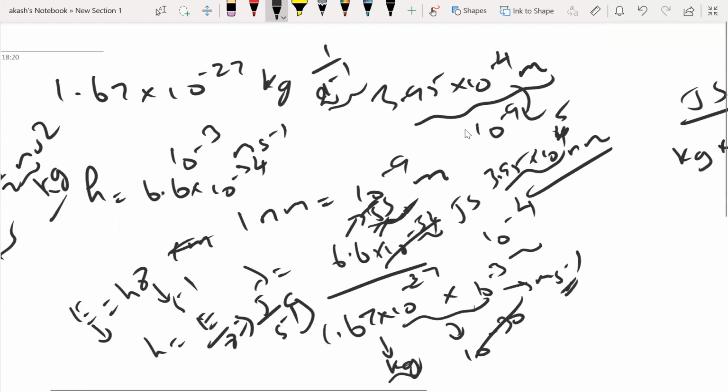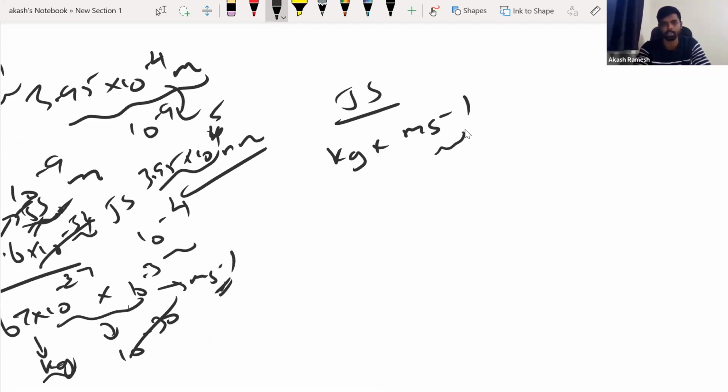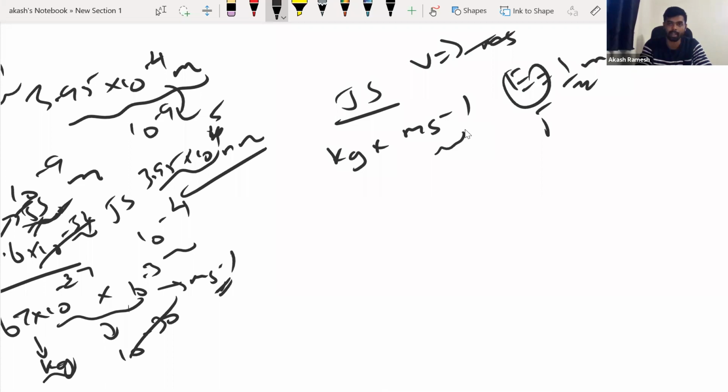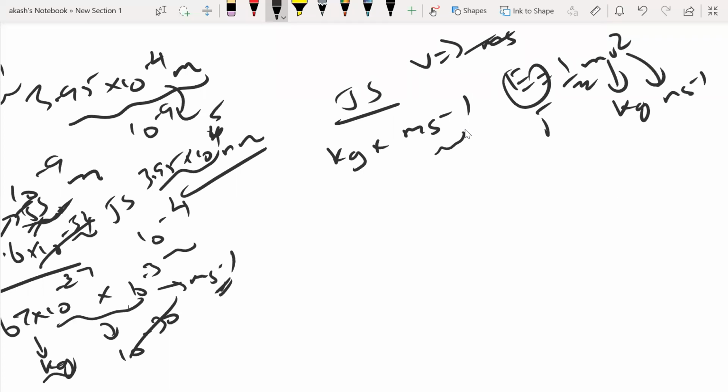Basically it will be taken care of, because for velocity, again, if I write E is equal to half mv squared, right? Now this is joules, and for M you have kg, and for this again you have meter per second. So you actually have a connection between meter square second minus 2.